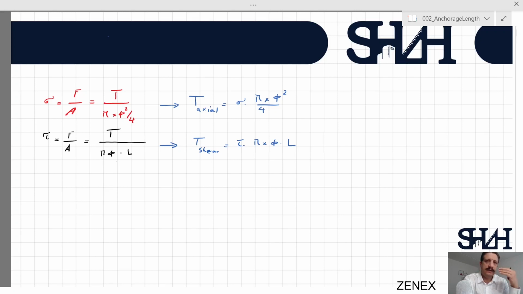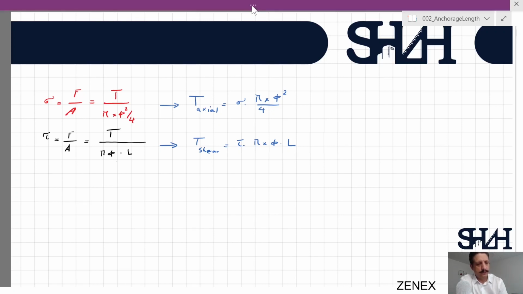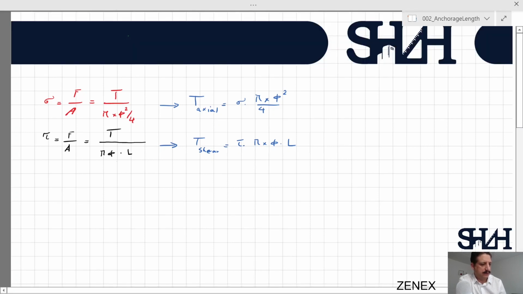If we have a certain value of sigma in the rod, then we prefer that the failure is not happening due to shear resistance because we assume that the bond is 100% secured. So we can write it this way.